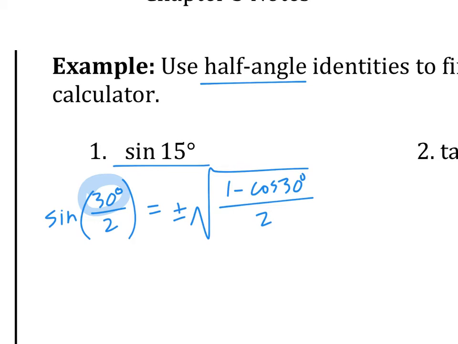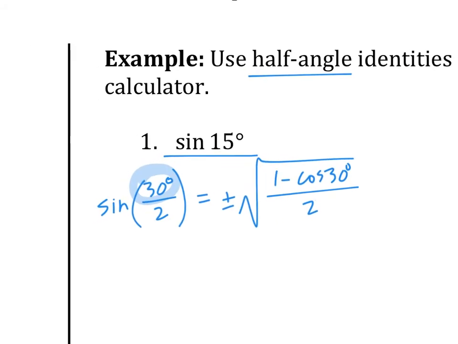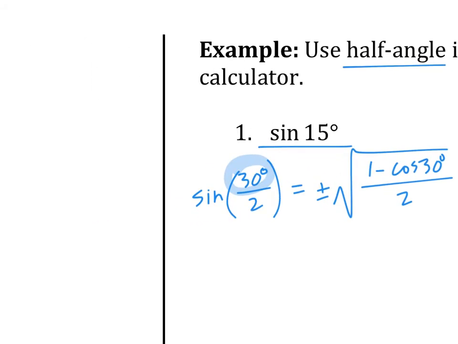All right, I'm going to tell you how to pick plus or minus really quickly so we don't wait till the last once we have the answer. Sine 15 degrees. So the first thing you have to ask yourself is, where is 15 degrees? Which quadrant? First quadrant. Okay, remember, all students take calculus.